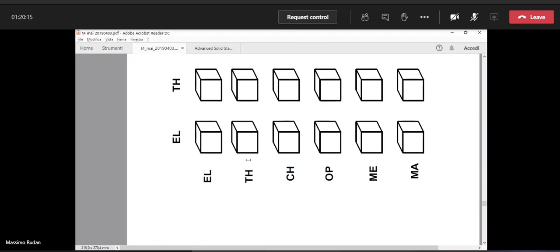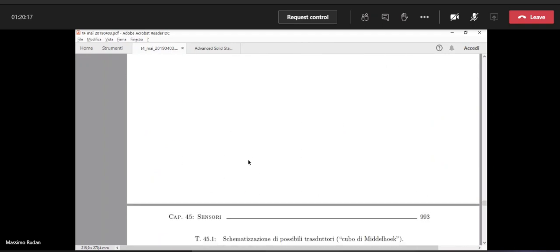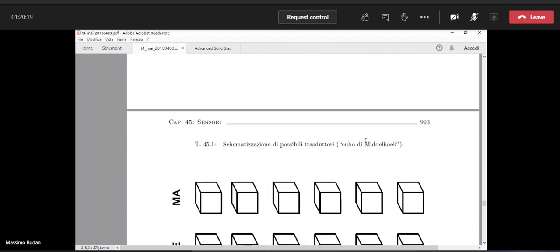The cube is named after Middle Hook, a scholar who investigated many types of sensors. Now we start with the optical sensors.